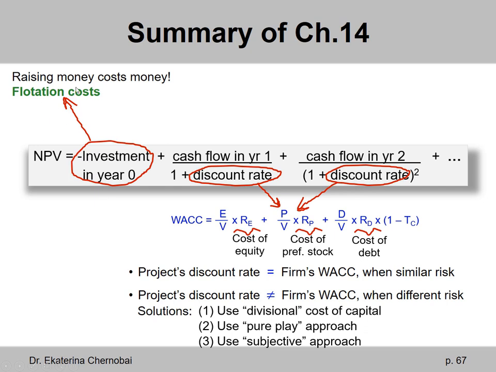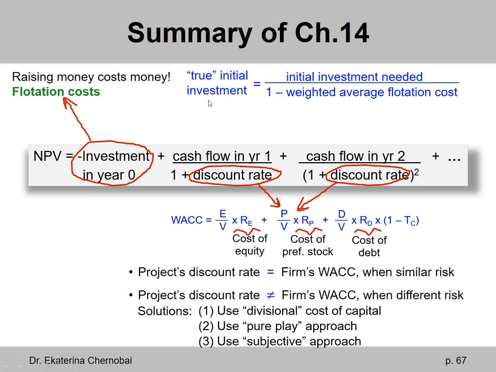Because flotation costs are additional costs, we need to adjust the initial investment up. So whatever is required, we need to add something extra to it. That allows us to calculate the true initial investment, which is the initial investment that's needed for the project divided by 1 minus the weighted average flotation cost.